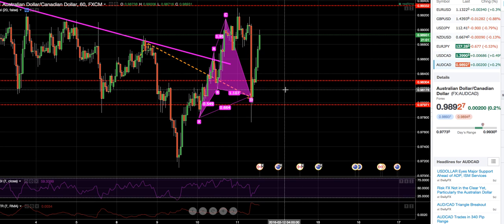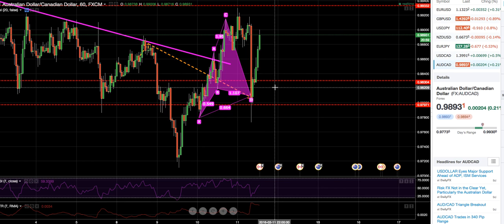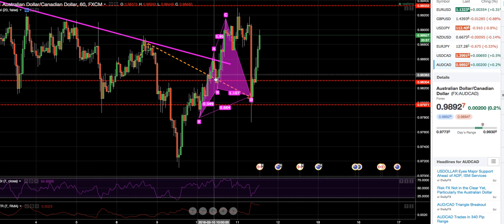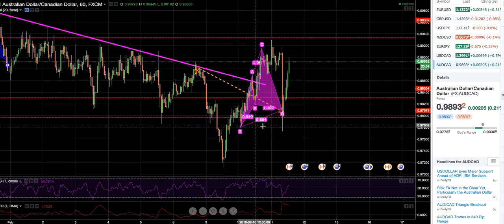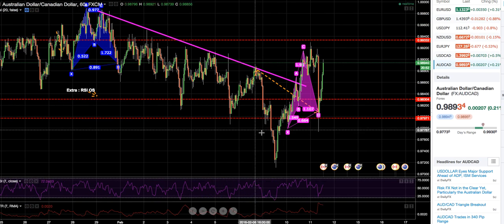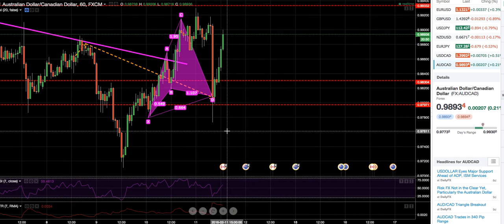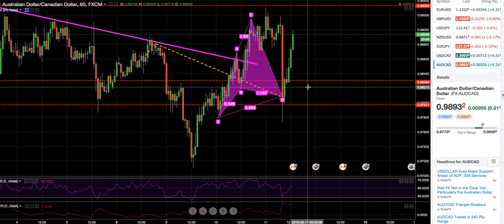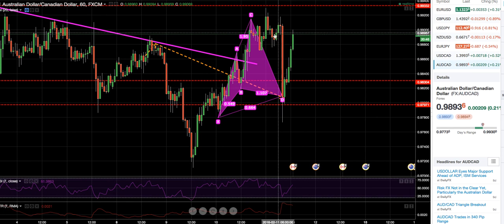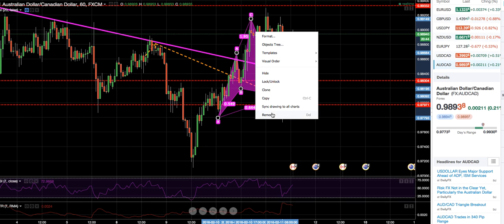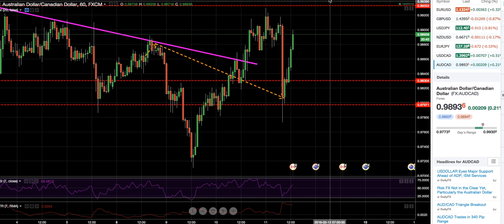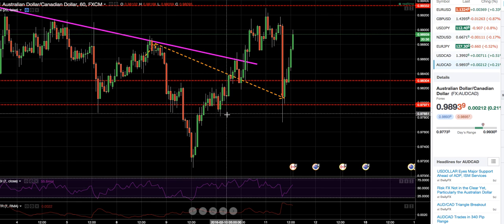All right, let's check out Aussie CAD. We did have a cipher pattern. This is not the most pretty cipher you can see, but a cipher pattern nevertheless. And did we, let me see.